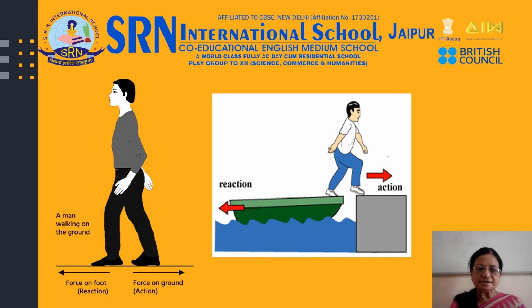The road exerts an equal and opposite force on his feet to make him move forward. Similarly, when a person jumps out of a rowing boat, he jumps forward, but as he jumps forward, the force on the boat moves it backwards, showing that to every action there is an equal and opposite reaction.